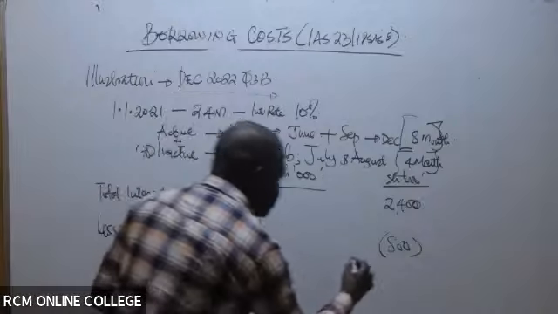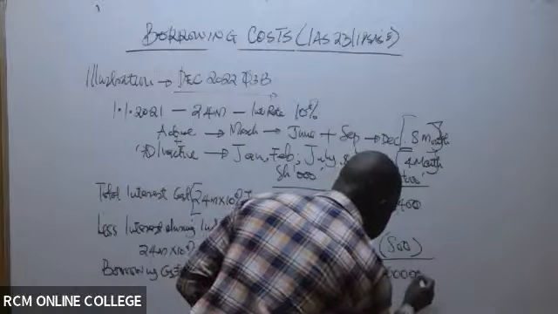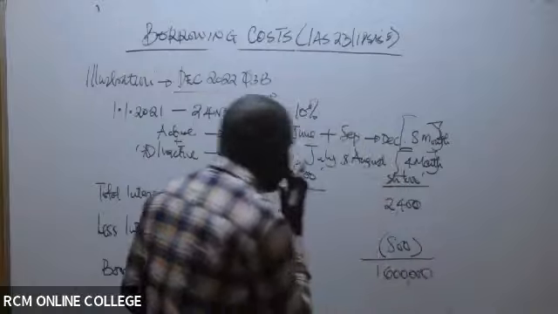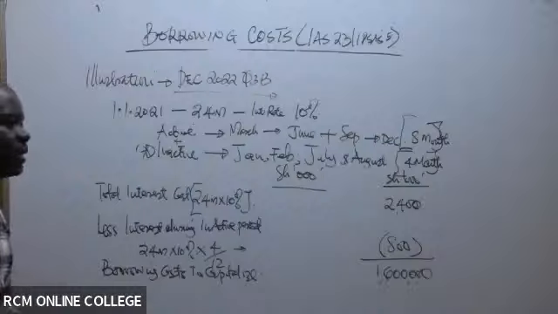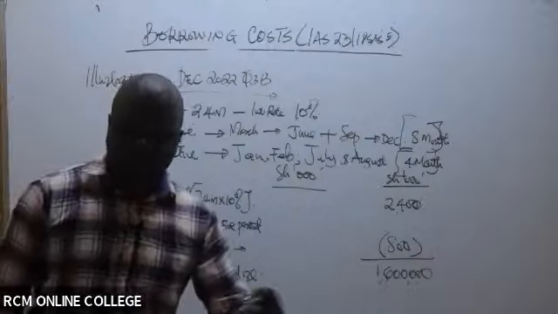In this case, you'll get the difference, which will come to 1.6 million. But we've been told that these funds, when they got them, they invested.